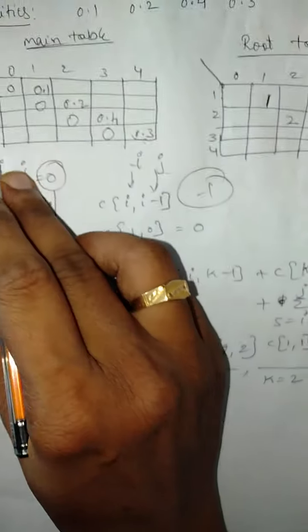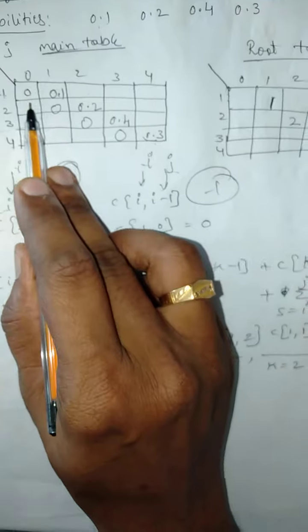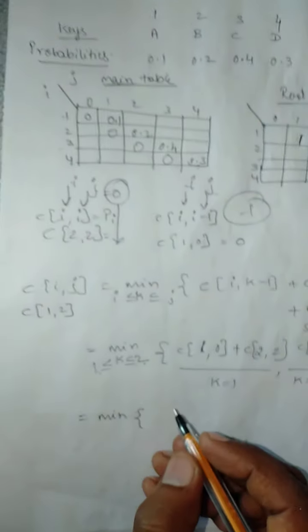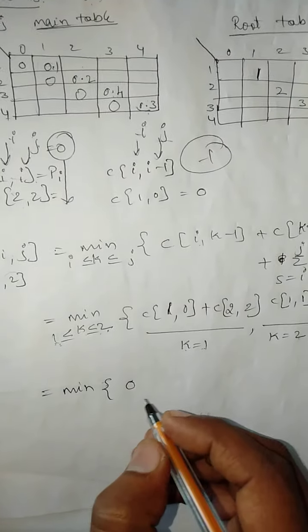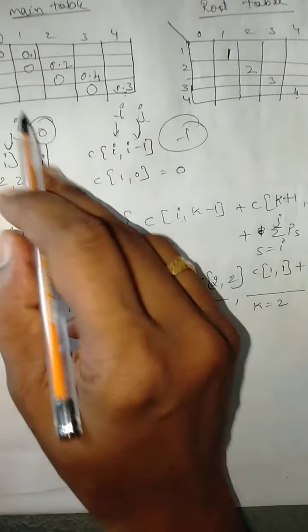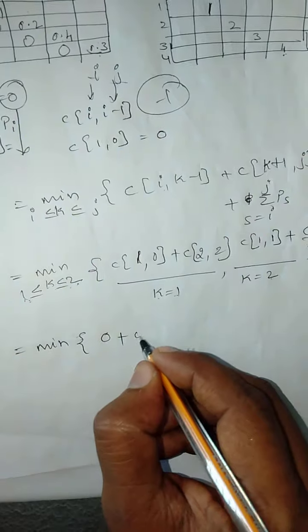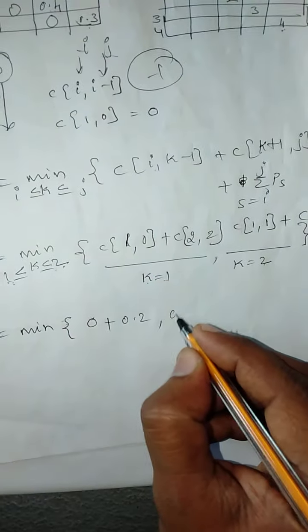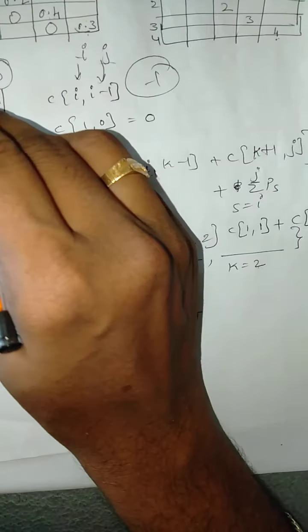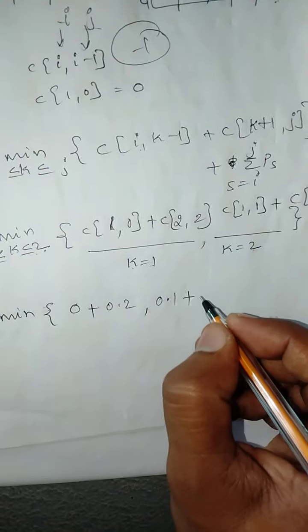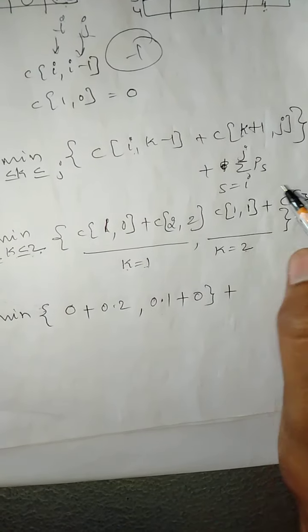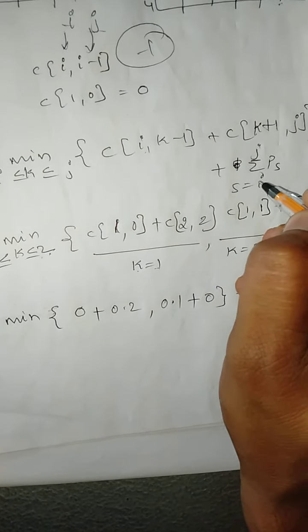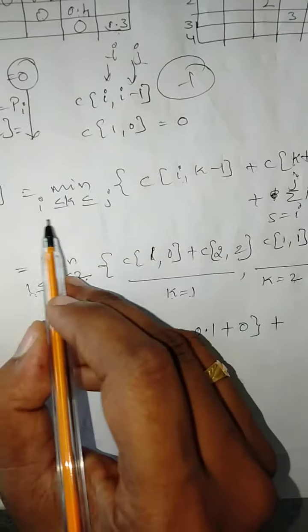C of 1 0, look at the table, C of 1 0 is 0, plus C of 2 2 is 0.2. Then C of 1 1 is 0.1 plus C of 3 2 is 0, plus the probabilities of all the keys from i to j, so 1 to 2.